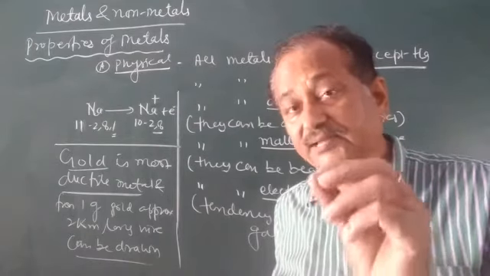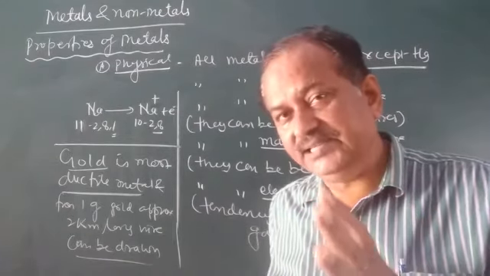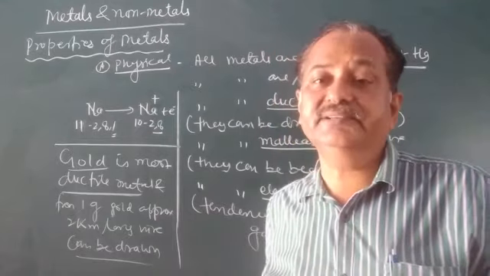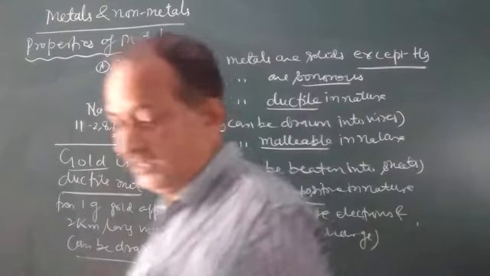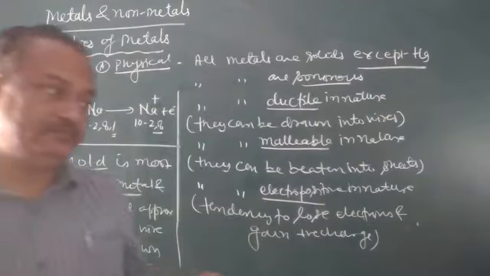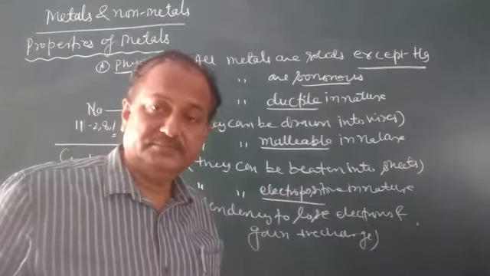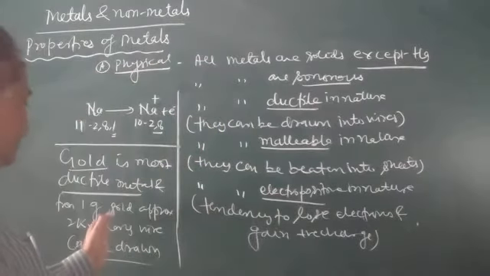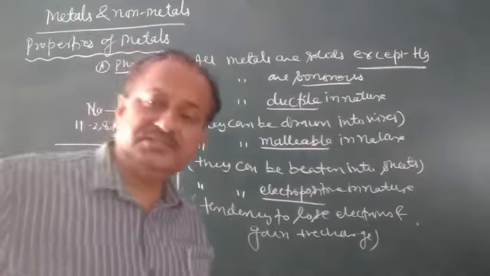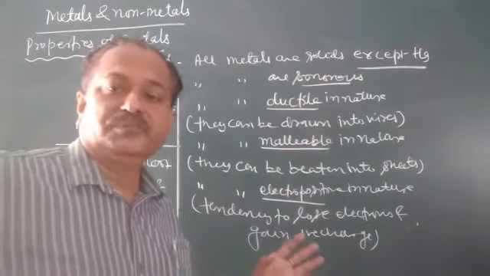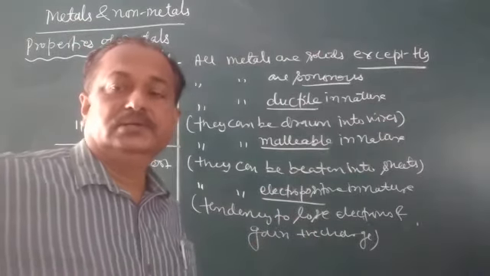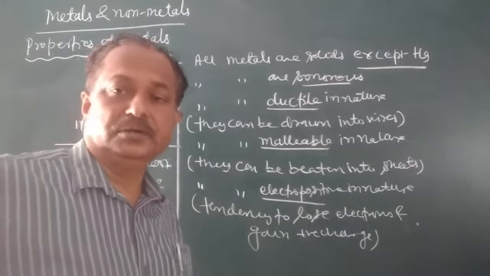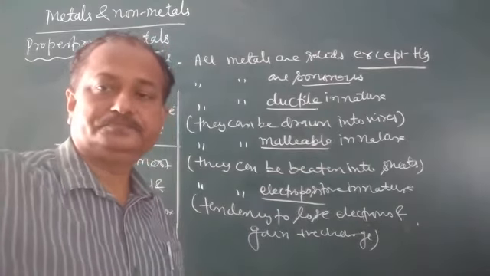Work means very fine. Why is it so? Because they have very strong force of attraction between the atoms, and so they can be drawn into thin wires. You can imagine 1 gram, 2 kilometers. So this is about some important properties of the metals.